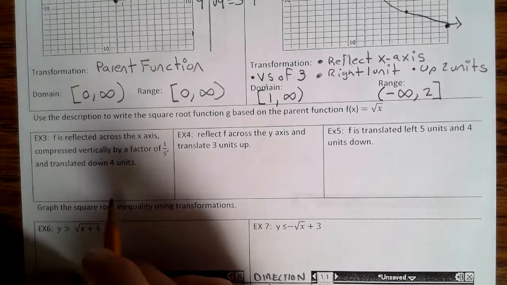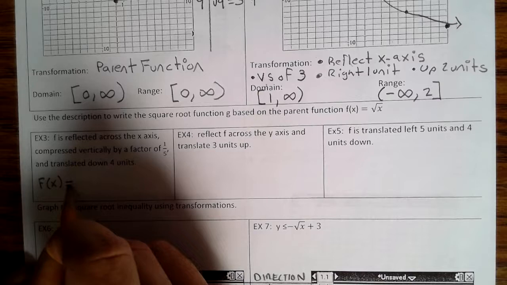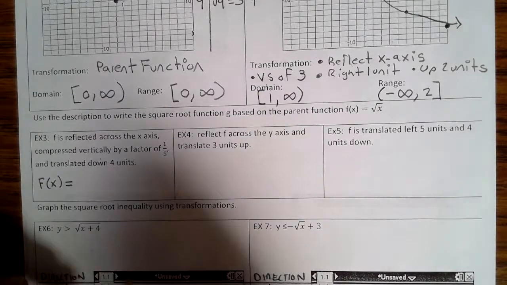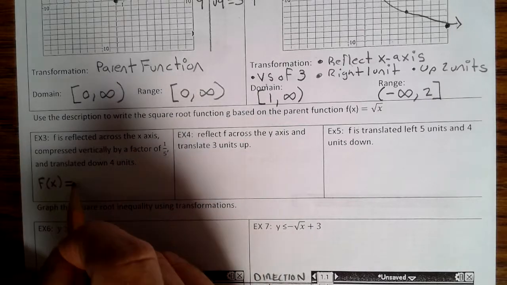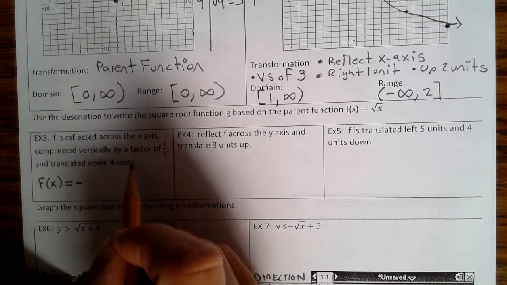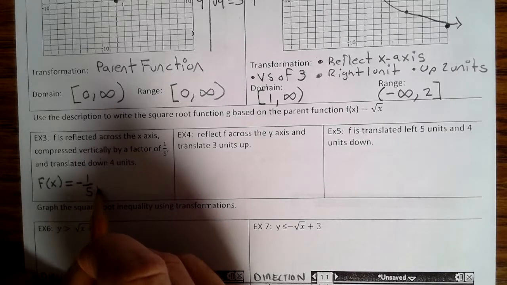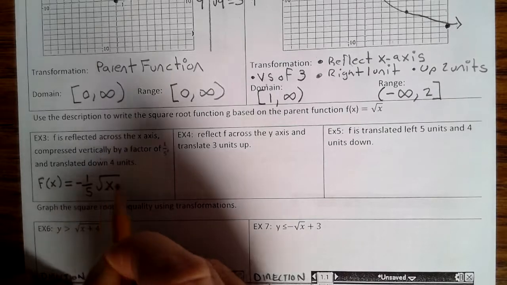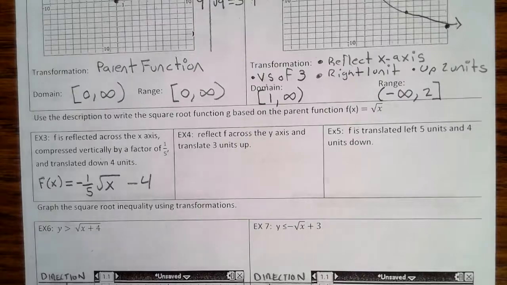All right. So that means our function is g of x equals, so it reflects across the x-axis, so the negative is on the outside, vertically compressed, so that's 1/5 times the square root of x, and since it went down, minus 4. Okay.